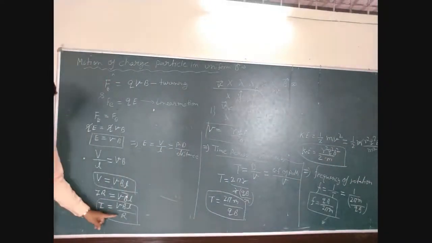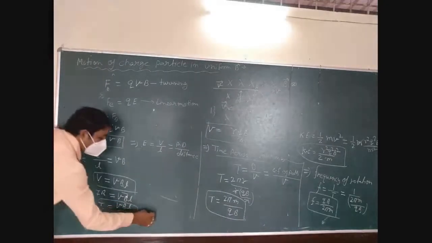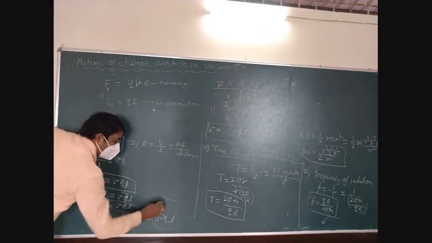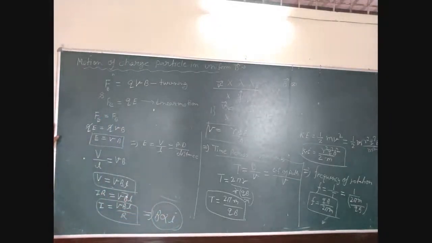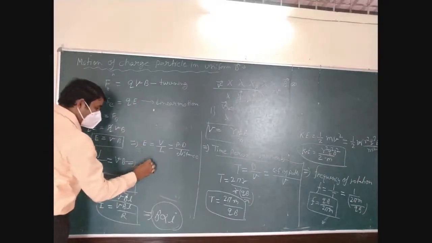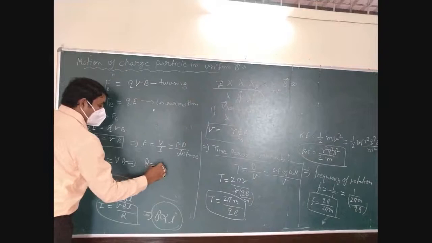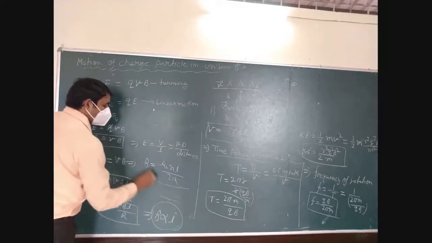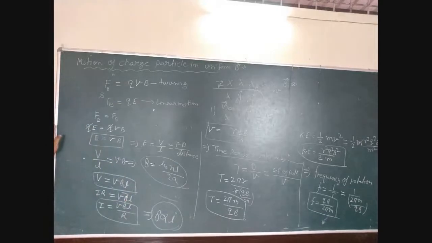Okay, this is another concept which is related to the B with current. As we have the B for the coil, mu naught Ni upon 2A. This is the way to increase the magnetic field.